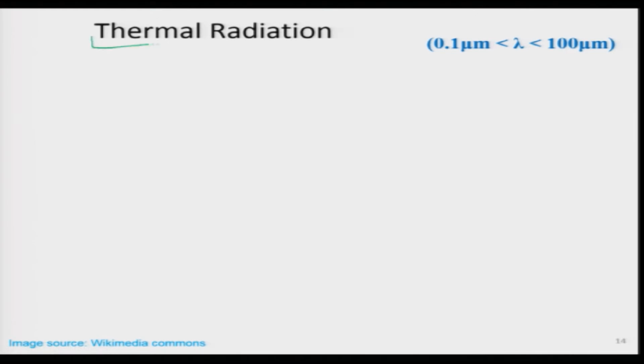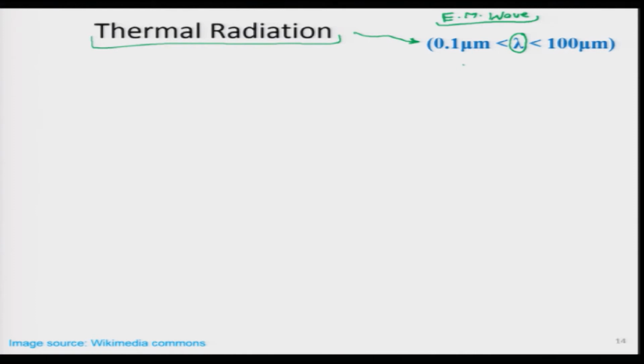So, let us see thermal radiation as it is defined at several places. I will define it very formally later on, that what exactly is wavelength, what is the electromagnetic wave. Over here just remember this concept that thermal radiations are those electromagnetic waves having the wavelength between 0.1 micron and 100 micron.